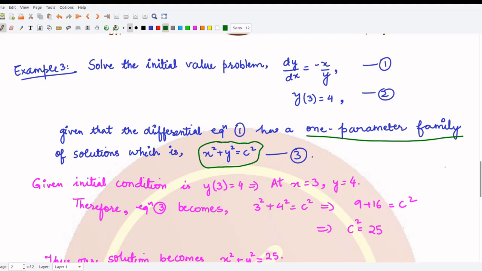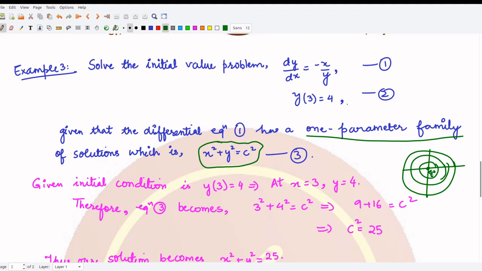So it is basically the family of circles, right, having different radius, and all of them are centered at the origin. With different radius you get different circles.